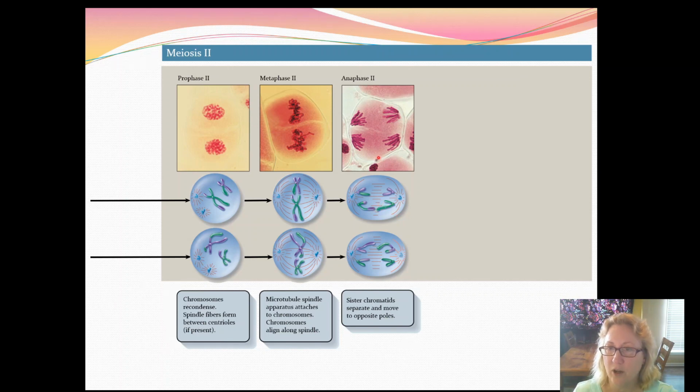The reason that they're all different is because these sister chromatids are no longer identical, because one of those chromatids crossed over with the other homologous chromosome and swapped some DNA.